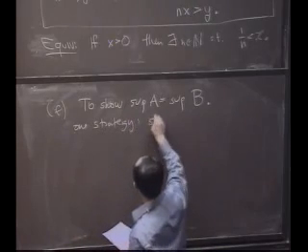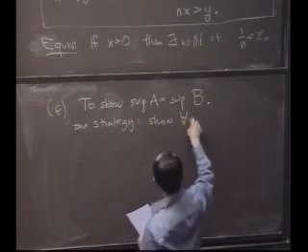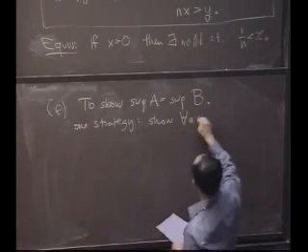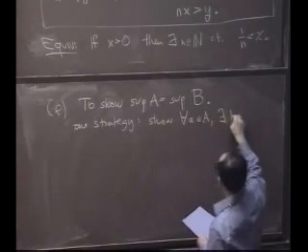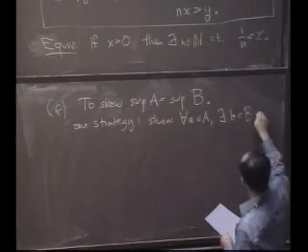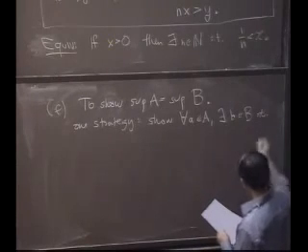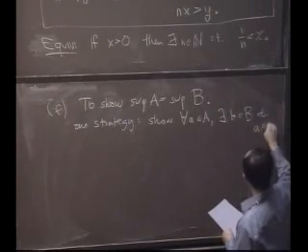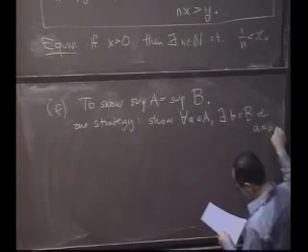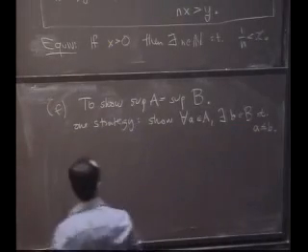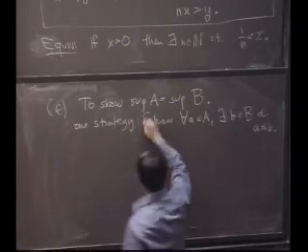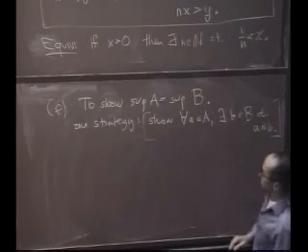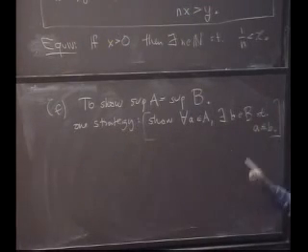Let's show that for every little a in big A, there exists a little b in big B such that little a is less than or equal to little b. Would you agree that this would be enough to show that sup A is less than or equal to sup B?